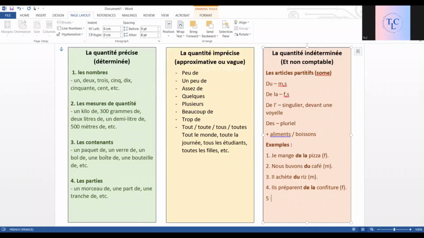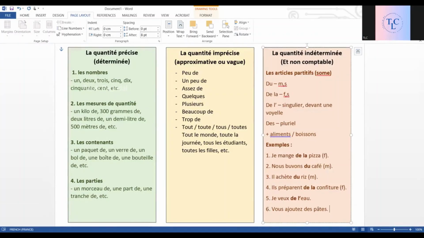And then a couple more examples. Je veux de l'eau. I want some water. Here it's starting with a vowel and singular, so we add the l'apostrophe. Then we can also say vous ajoutez des pâtes.